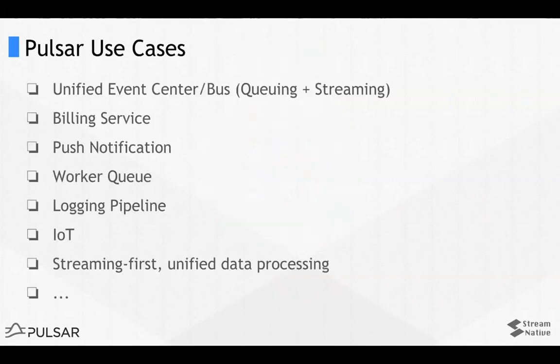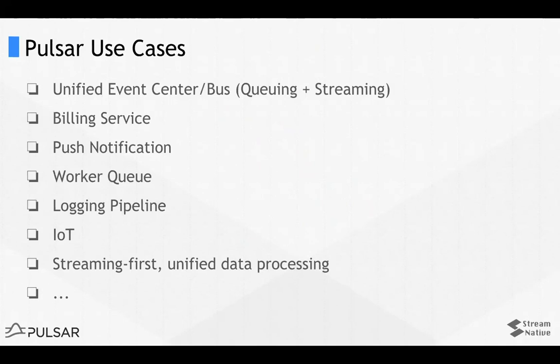After we open sourced Pulsar and it entered the Apache Foundation, it got a lot of traction, and adoption has been increasing, and a lot of people started using Pulsar in different use cases. One of the features that Pulsar has is a unification of traditional queuing and streaming.